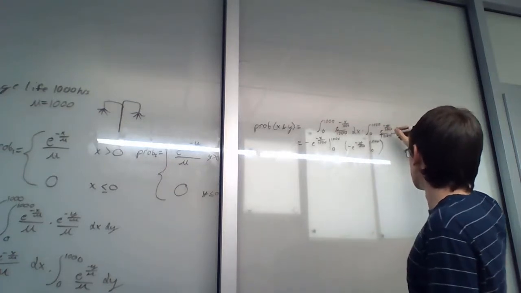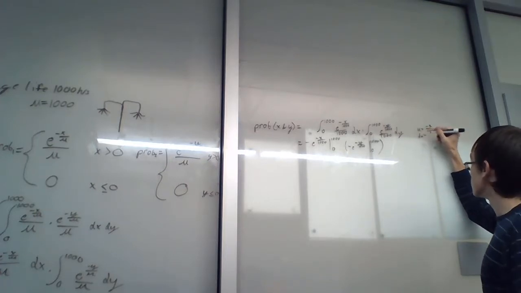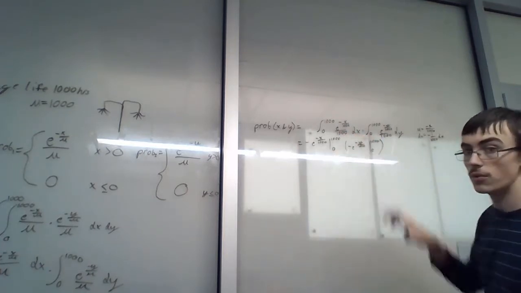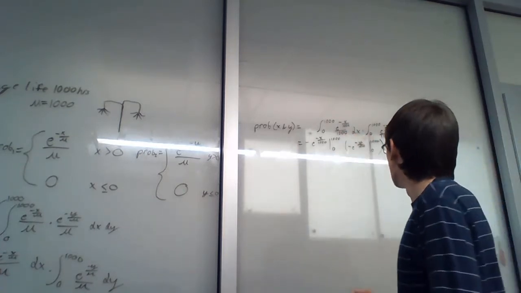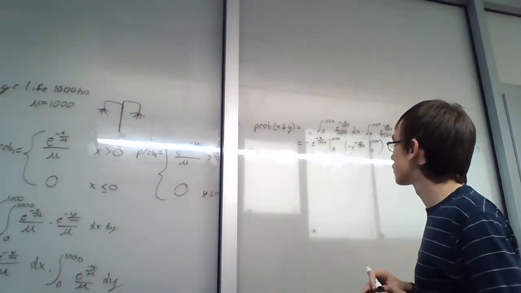So du is equal to negative 1 over 1,000 dx. So that's where that 1,000 goes to, and we can either change our bounds or just plug the u back in.